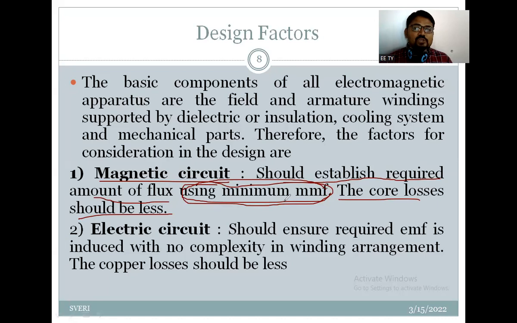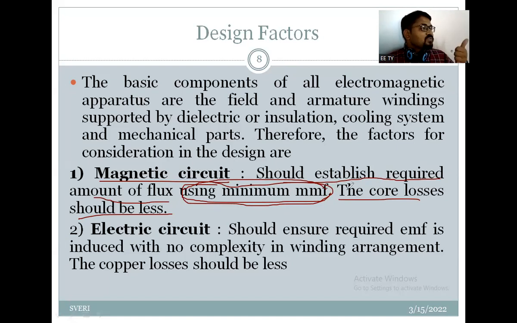Now, how are they going to ask the MCQ question? Whenever we are going to design any particular machine with respect to this magnetic circuit, they will give options: establishing the required amount of flux; then core losses should be minimum; then using minimum MMF; and the last option is all of these.